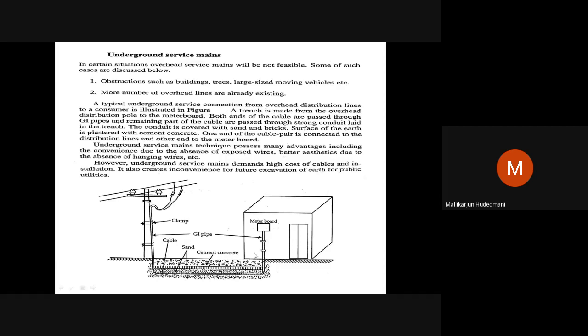So this way, the power connection, the first electrical contact with the premises, takes place via the service mains provision through an underground mode of input. This we call underground service mains. The advantage of this is that the conducting material used is of good quality, which will not be tampered with, and is always safe.